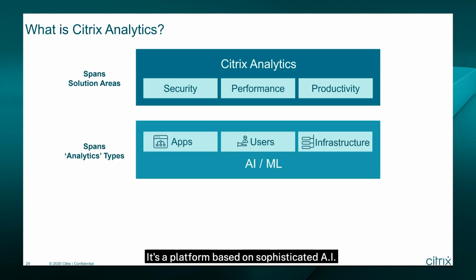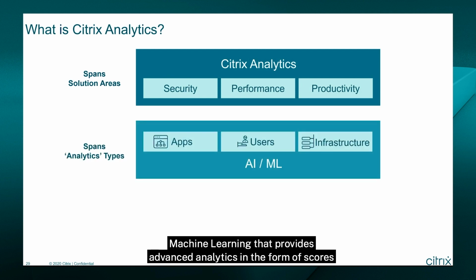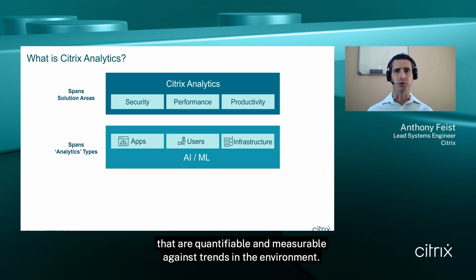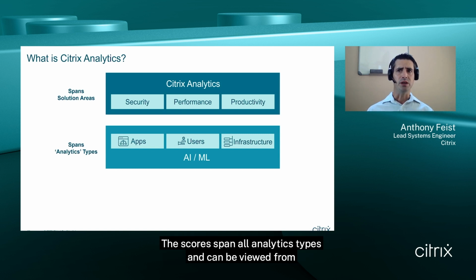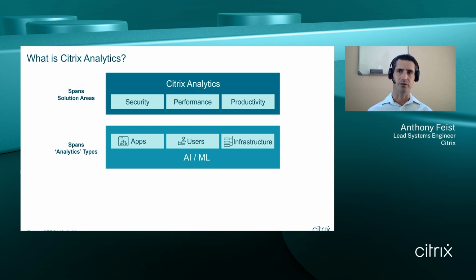It's a platform based on sophisticated AI and machine learning that provides advanced analytics in the form of scores that are quantifiable and measurable against trends in the environment. The scores span all analytics types and can be viewed from a user-centric, infrastructure, or application perspective.